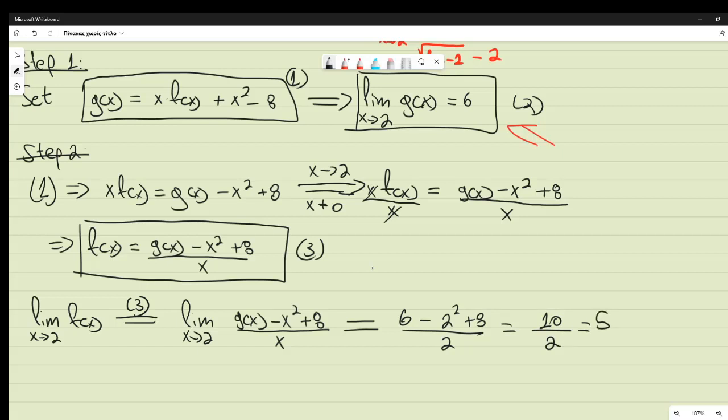So the limit of function f when x tends to 2 is equal to 5. So we found the first thing that we are asked for.